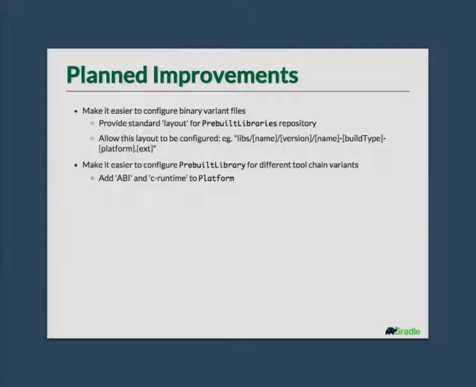If you lay out your prebuilt libraries in this conventional location or conventional layout, then all you have to say is I have a prebuilt library, it's called this, and Gradle knows how to find all that. Other types of variants that we have to start worrying about are ABI and runtime parts of the platform. Right now the platforms are kind of limited to Windows, 32-bit, 64-bit, that kind of level.